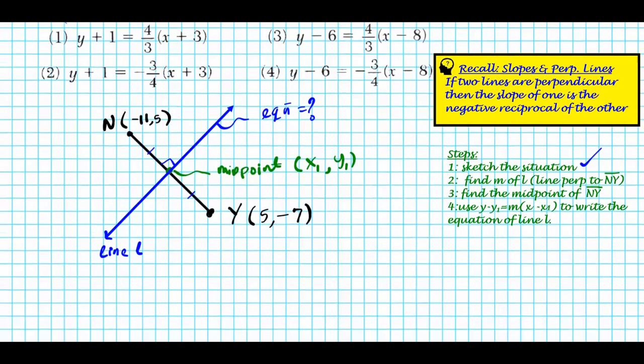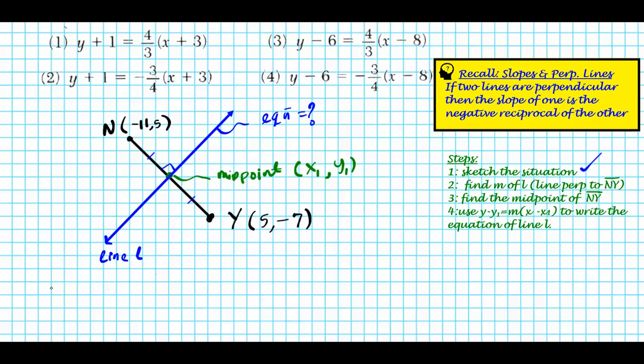Okay, how do we do that? We're going to find the slope m of L. So the formula for finding the slope of a line, I'm going to be organizing my formulas down here. Formula number one is slope m equals y2 minus y1 over x2 minus x1.